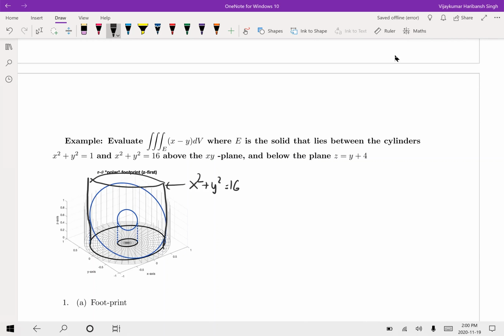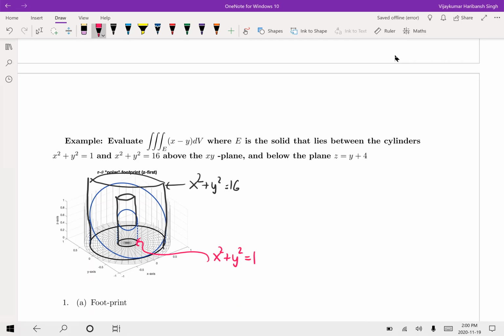The inside one is the inside cylinder, which goes vertically like that, x squared plus y squared equals 1.